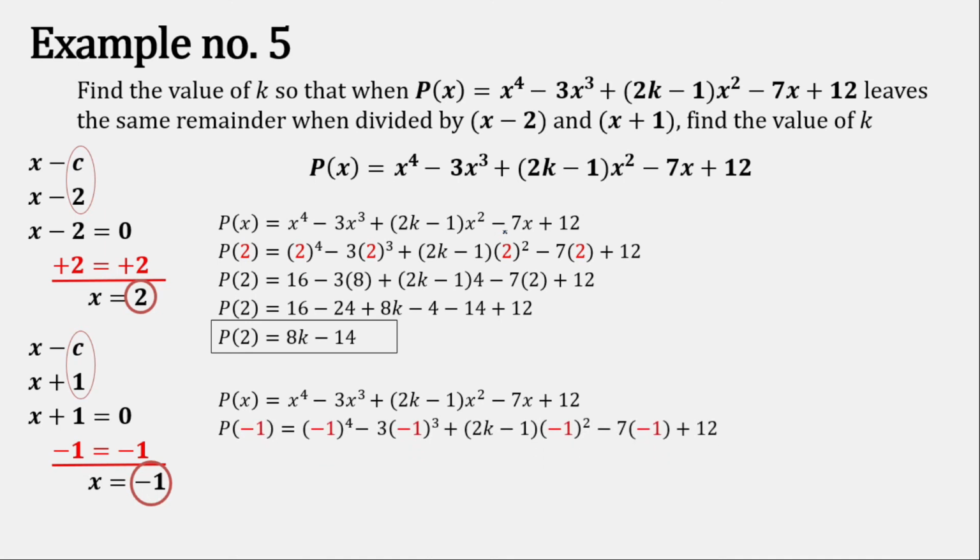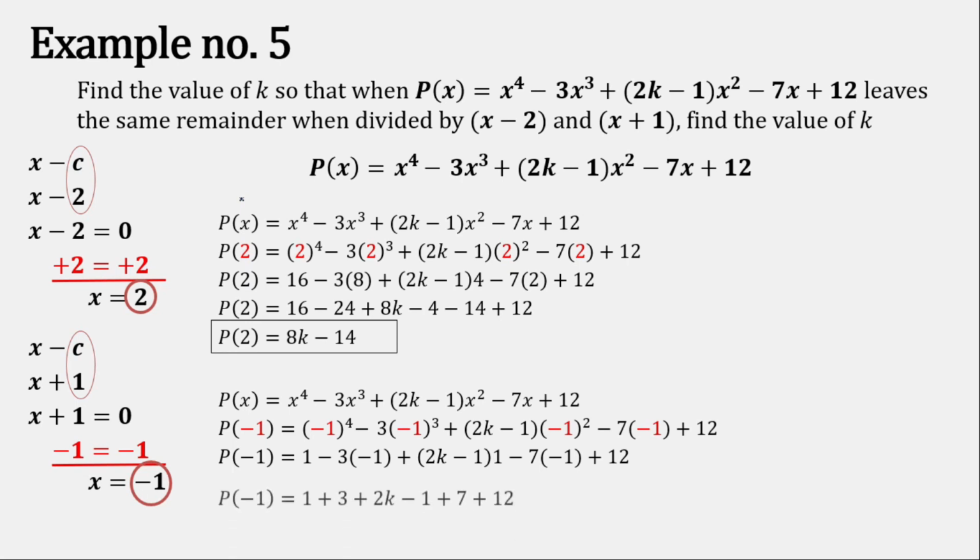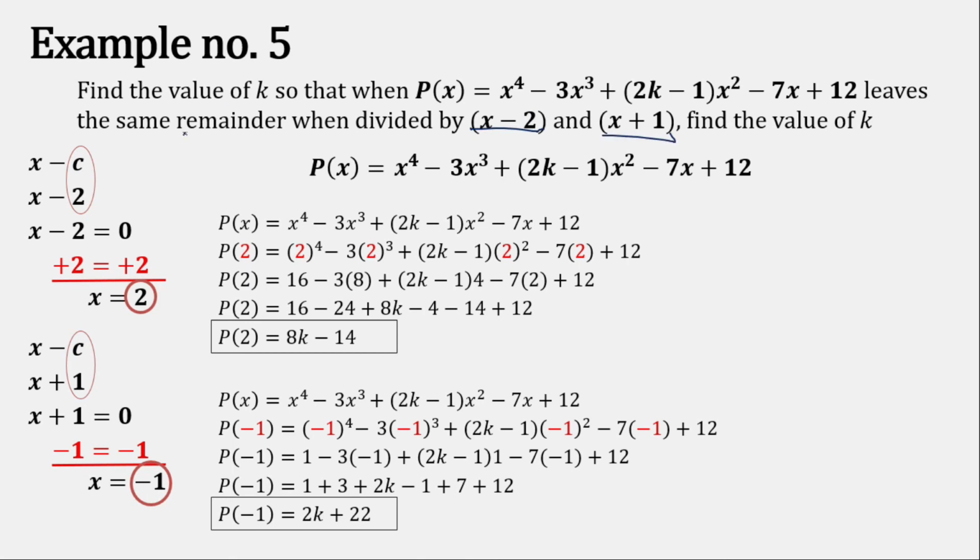If we substitute negative 1 and evaluate it, we have the value of 2k plus 22. Now remember that when dividing by both of them, the remainder is the same. So it is safe to say that 8k minus 14 is equal to 2k plus 22.